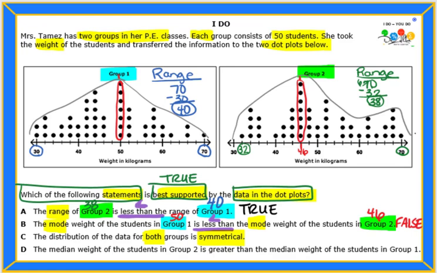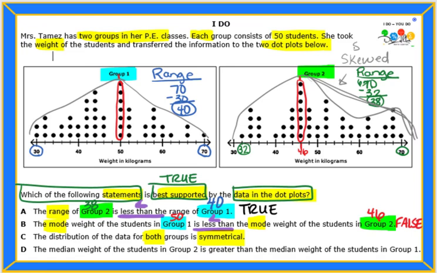I can see that group 1 looks pretty symmetrical. And group 2 looks like this right here is falling a little bit further. So I would say this is a tail, and I would call this skewed slightly.